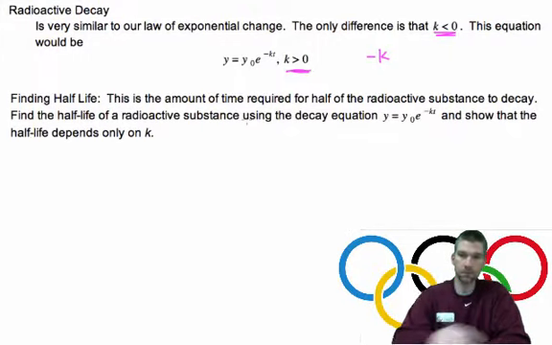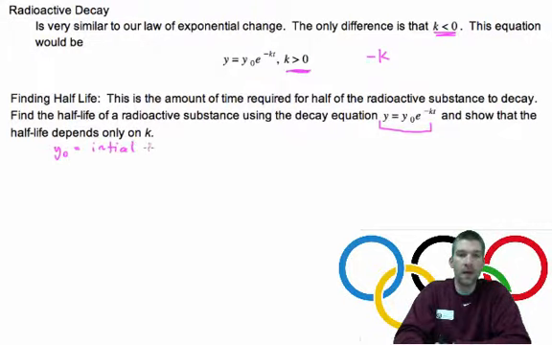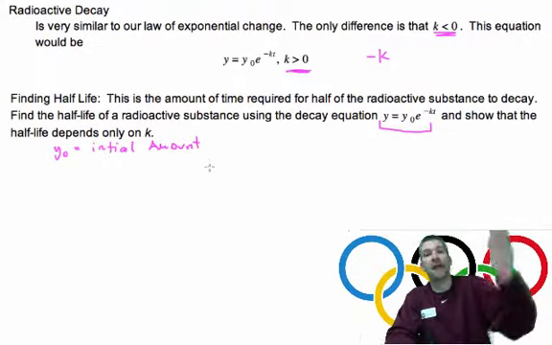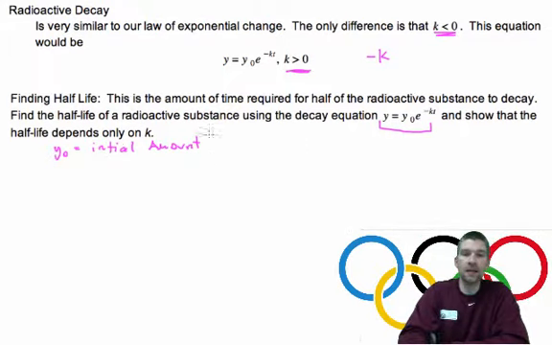Here's the thing. If this is my starting equation right here, then y0, just like in our previous example, is an initial amount. And so if my amount is going to be half of that, then the equation that I'm going to look for is that 1/2 y0 is equal to y0 times e to the negative kt.